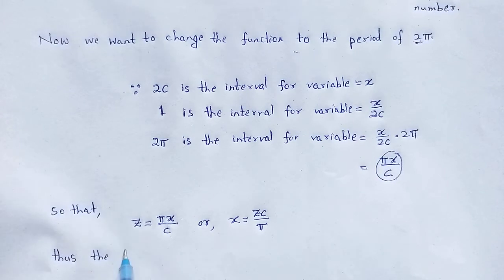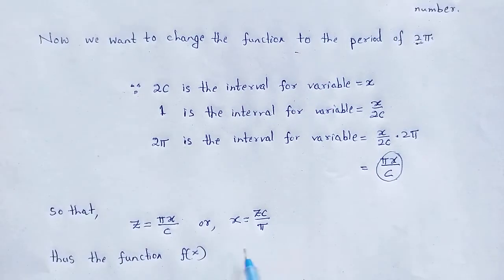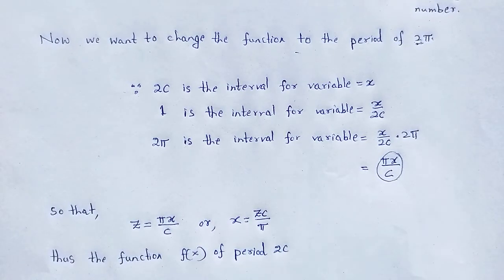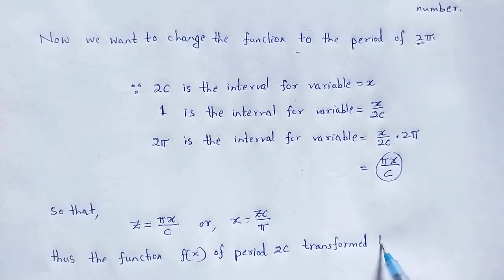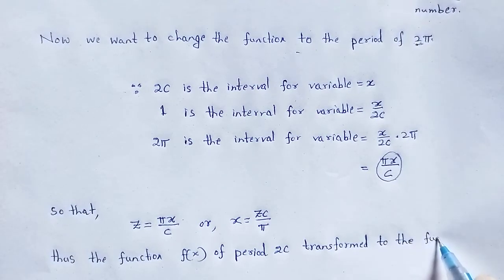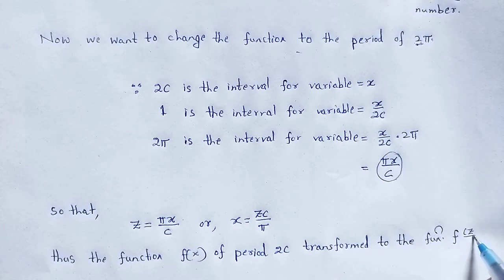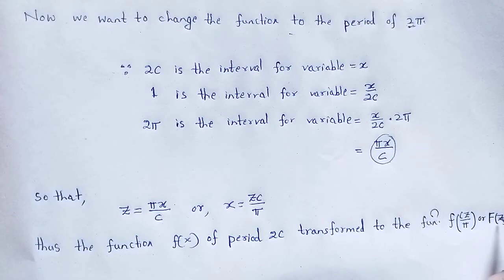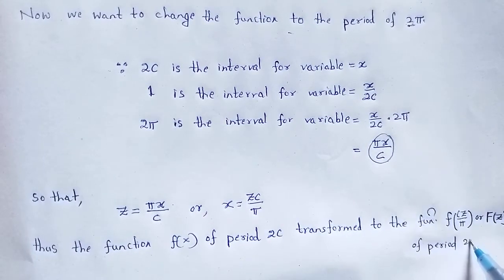Thus the function f of x of period 2c is transformed to the function f of cz divided by pi, or we can say capital F of z of period 2 pi.